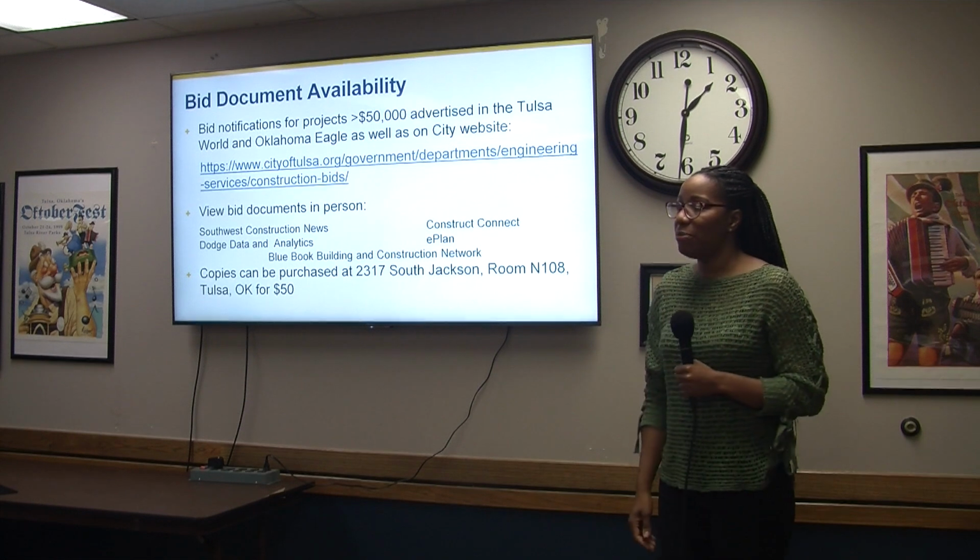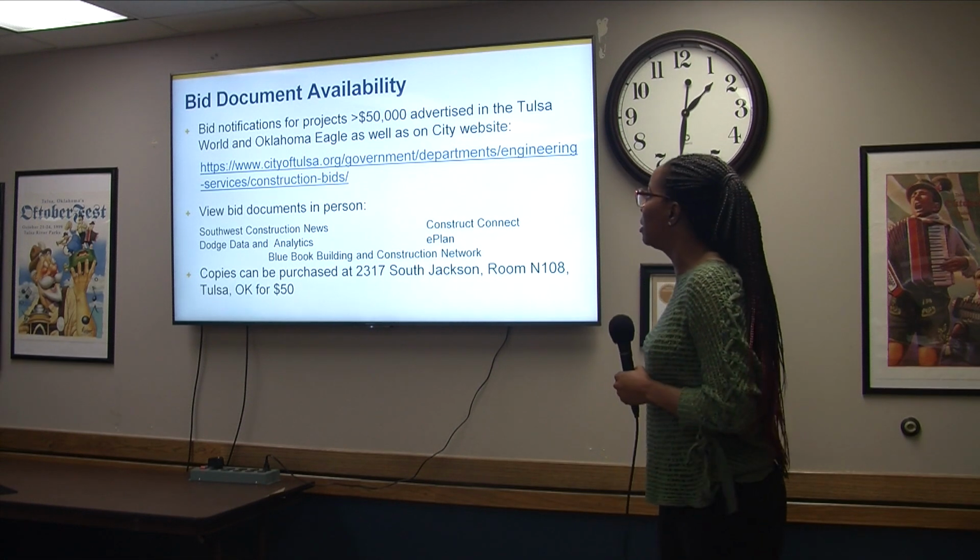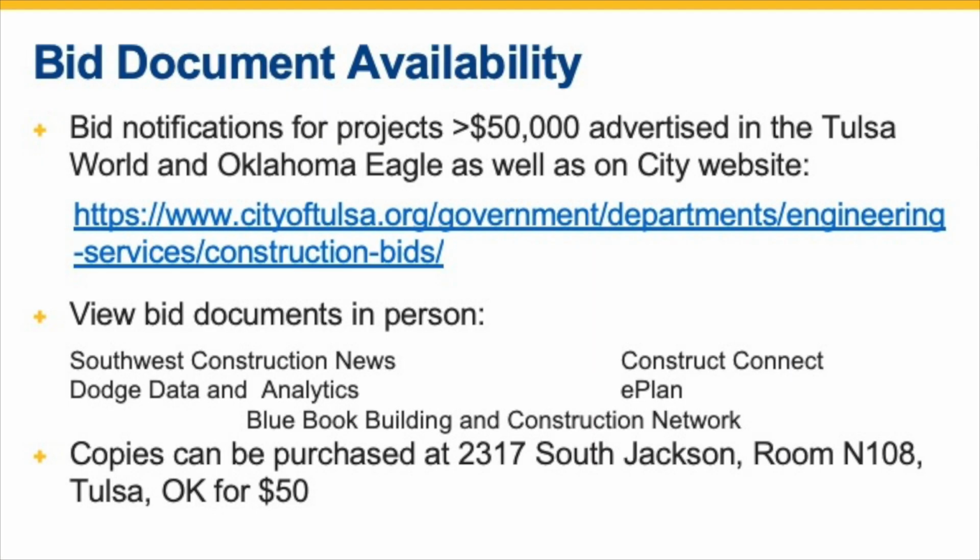So once you have become qualified, the next step is to look for bid notifications. For engineering services on the construction contracts, we send out our information through advertisement with the Tulsa World and Oklahoma Eagle.